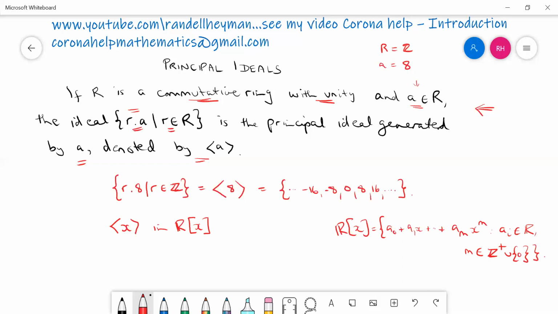Now, what is this? What is the ideal generated by x? Well, it's just the set of all the polynomials times x, where all these polynomials p are elements of the ring. I'll just write what it is.